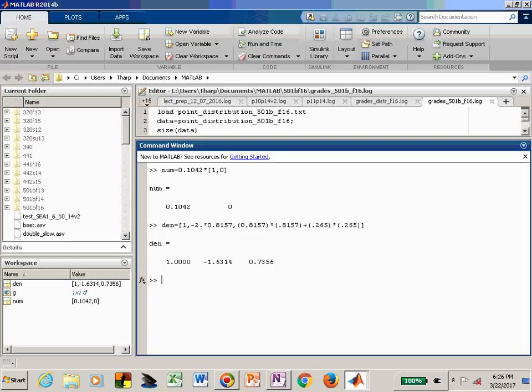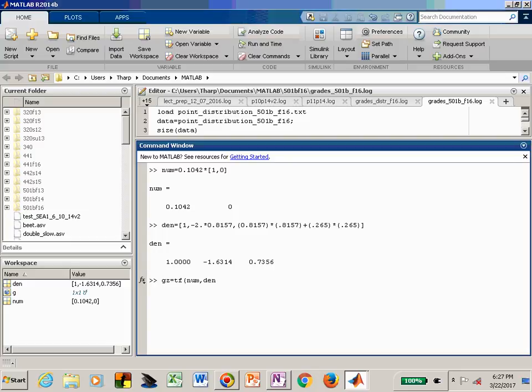Let's now create the transfer function. Let's say that gz is equal to transfer function numerator times the denominator, but now it's assuming an analog system unless I tell it a sampling period. And do I know a sample period? 0.02 is what I said.